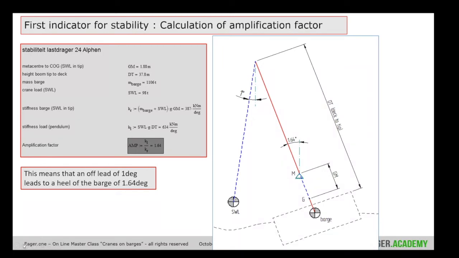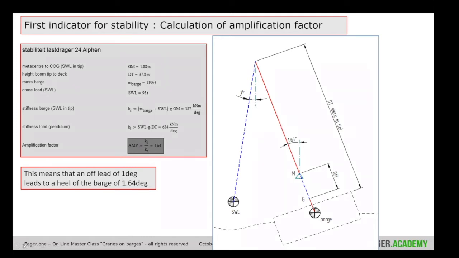For example, at Alphen and the Rhine, it's about 10% load versus vessel. The vessel was 1,000 tons, the load was 140 tons, so that ratio is quite high. And when these ratios are high, then the 3 or 10% rule is not 100%. So the point we want to make is that a low GM value is not always a problem.